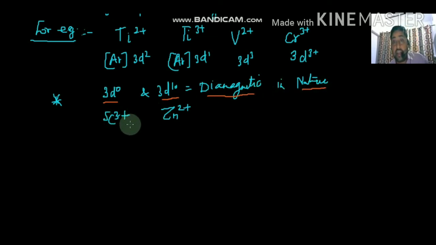Now if you see, scandium 3 plus contains no unpaired electron, 3d0, and zinc 2 plus, although there are 10 electrons, all of them are paired, so I can say there is no unpaired electron. Then the unpaired electrons are 0, so I can say that it is diamagnetic in nature.